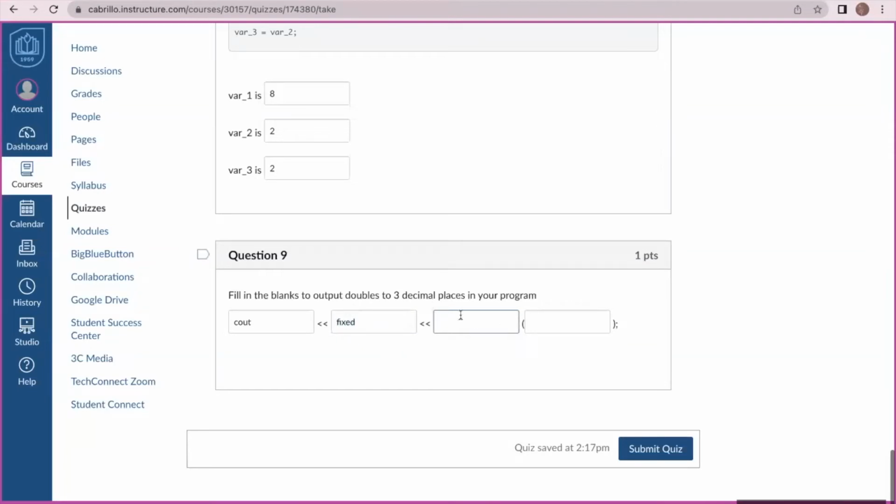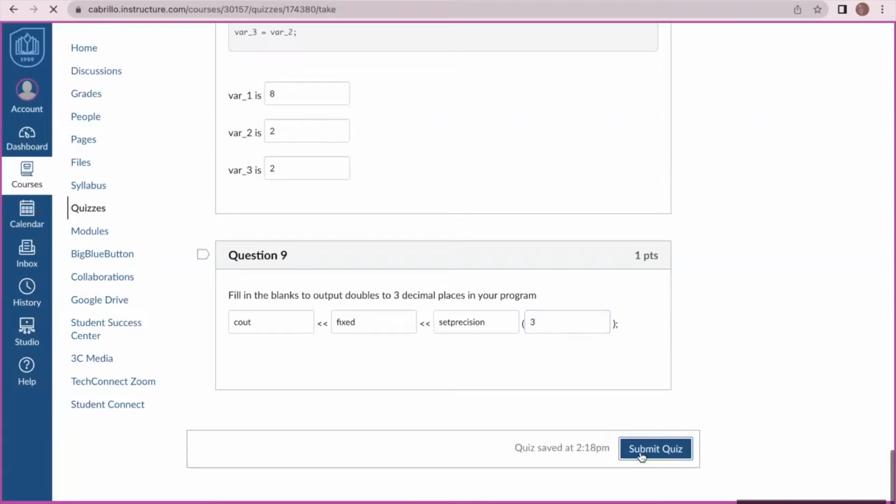And this box right here, yes, setprecision. I'm actually just going to take it from chat. And the correct answer that goes in the parentheses is 3. Whatever we put in the parentheses is how many decimal places we are going to get in our program. All right, very nice job.